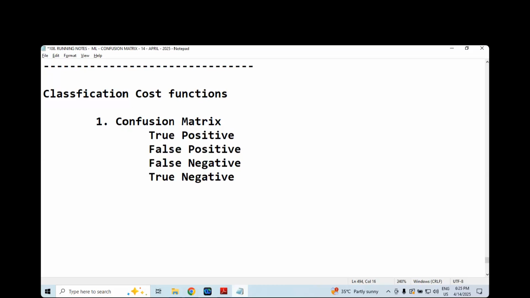These terminologies are important. The next one is type 1 error, and the next one is called type 2 error.